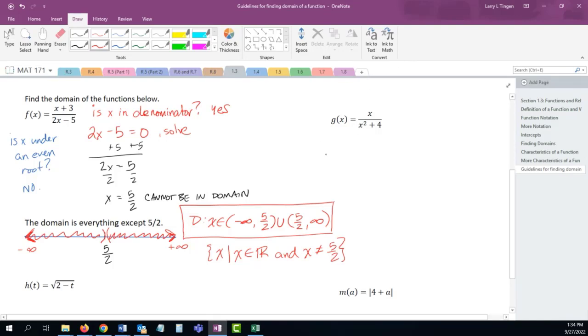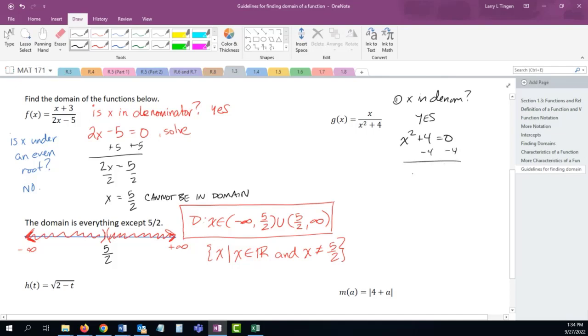Number 2, or g of x over here. First question, is x in the denominator? Yeah, sure is. So I take the denominator, set it equal to 0, and I solve.